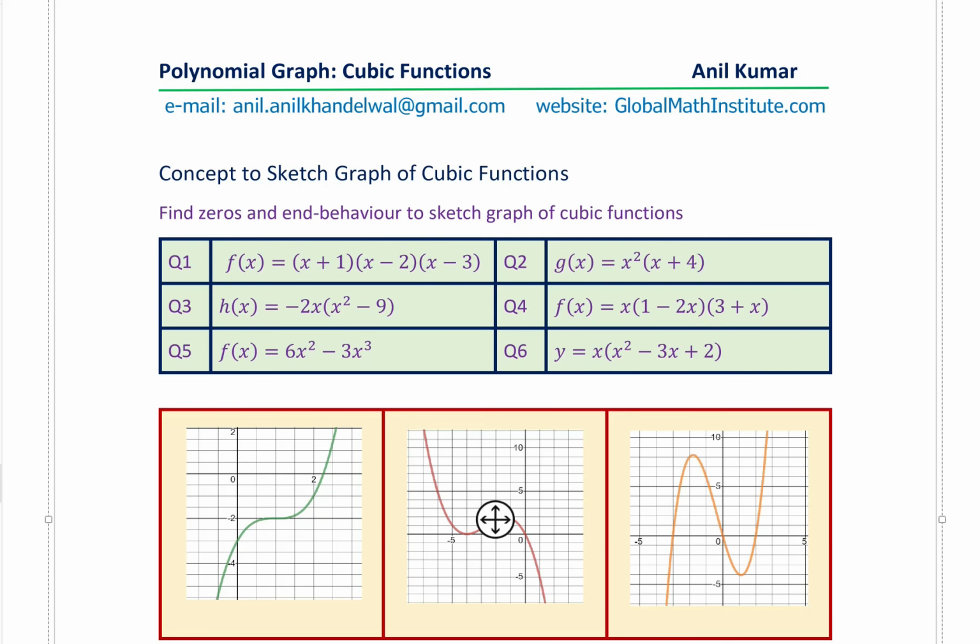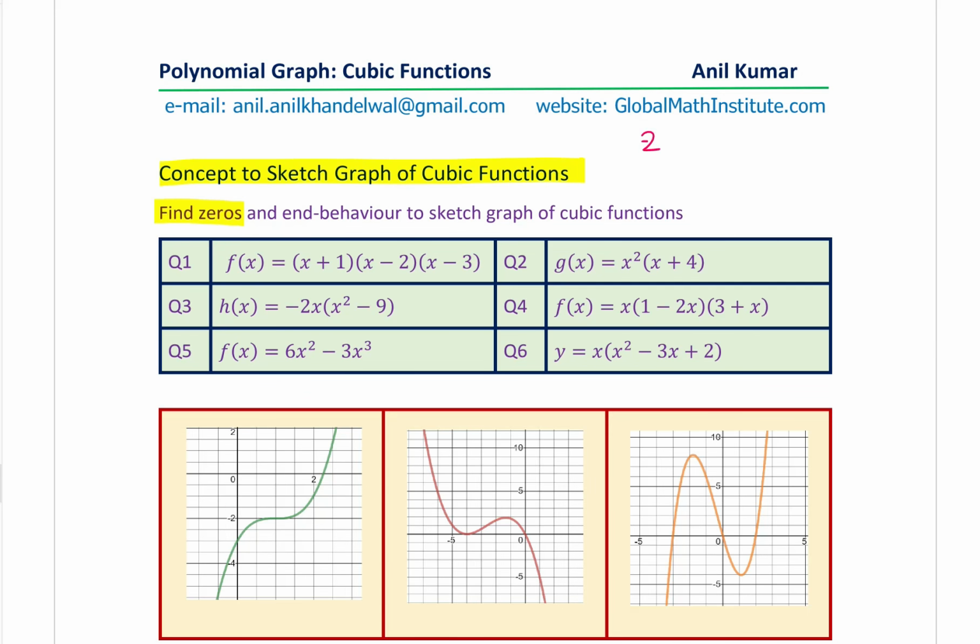And here what we have learned is general concepts of sketching the graph of a cubic function. These concepts can be applied to all polynomials. We have in general had a couple of steps. First is to find the zeros and also the order. So when I say zeros, let me write down.